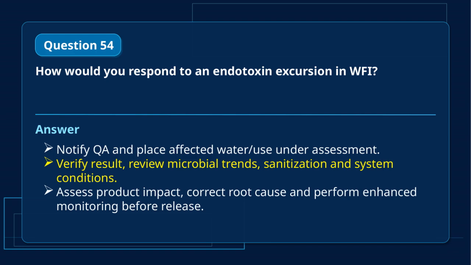Consider the potential impact on the products that may have been exposed. Then, work to identify and correct the root cause of the excursion. Before releasing any product, implement enhanced monitoring to ensure the issue is fully resolved and prevent recurrence. This systematic approach helps maintain product safety and compliance.